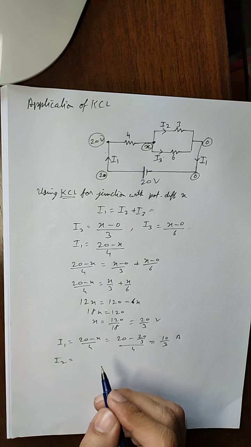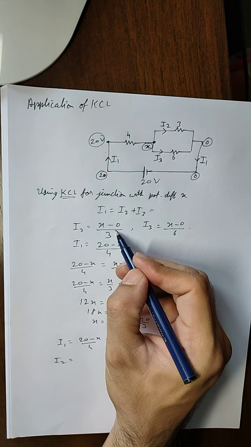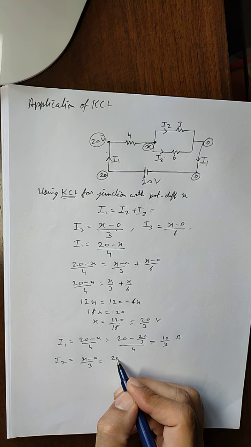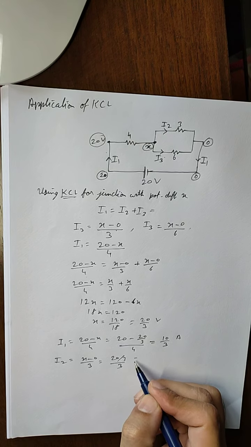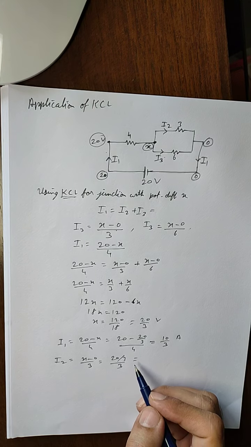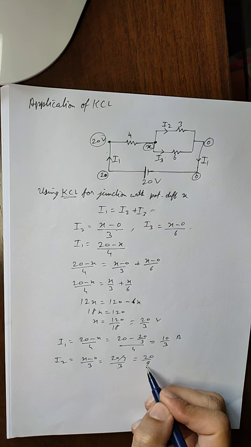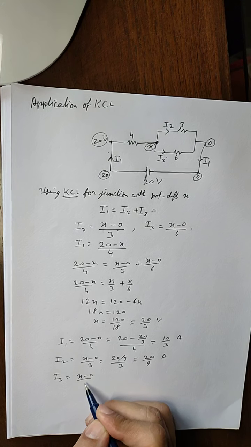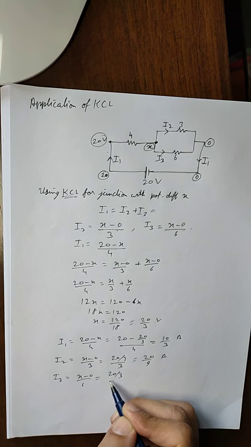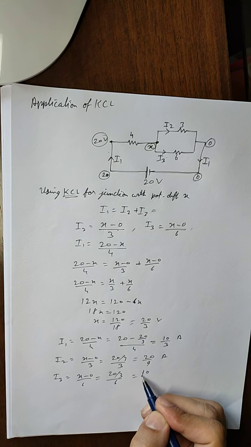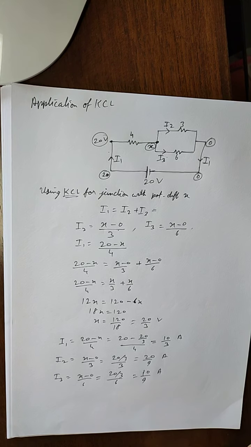Similarly, I2 is (X minus 0) upon 3, so it will be 20 by 3 upon 3, which is 20 by 9 amperes. And similarly, I3 is (X minus 0) upon 6, so 20 by 3 upon 6, which is 20 by 18, and that comes out to be 10 by 9 amperes.